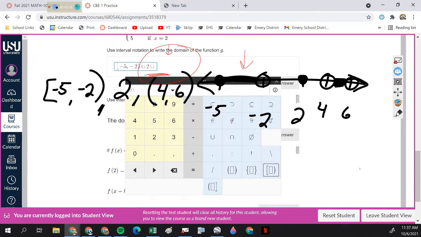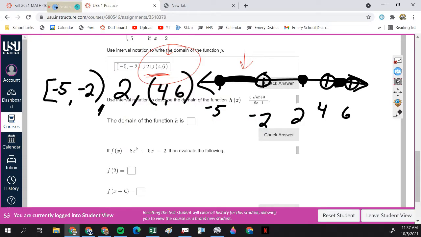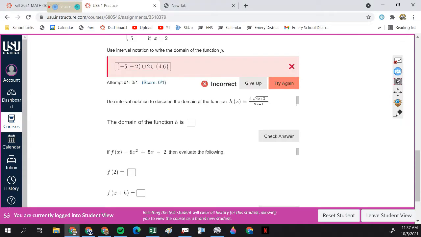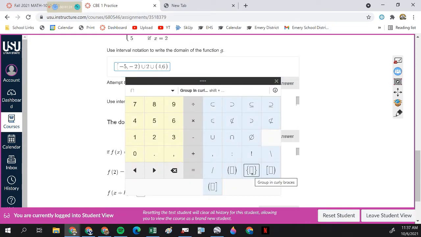And then this one. Did it? Yeah, so should I put brackets around that? I don't know. I'm about to find out. Come on. All right, let's see. Try again. So that's not even the right symbol.